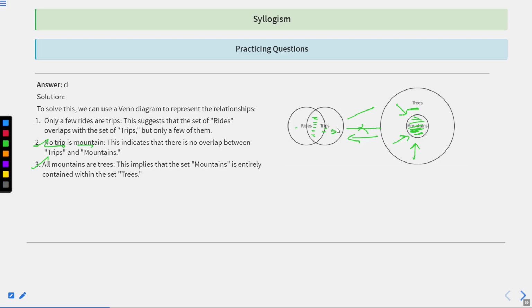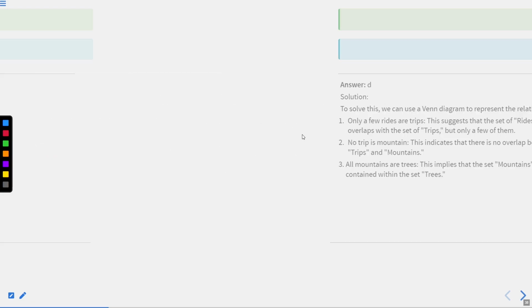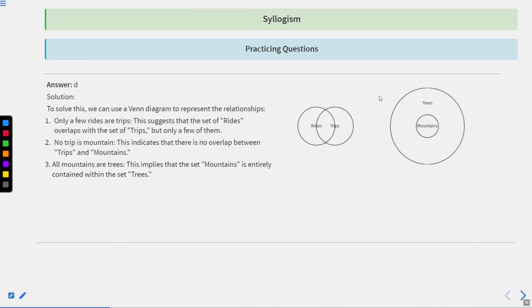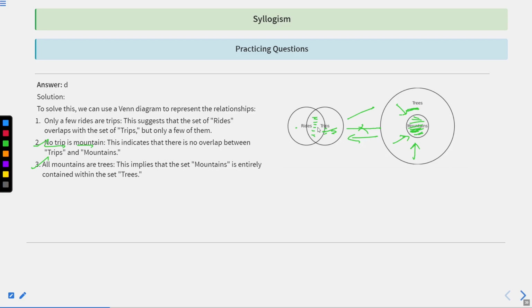So there is no intersection between the circles of the trips and the mountains. In the same manner, those trees which are mountains will have no intersection with the circle of the trips. If there is no intersection with the circle of the trips, then we can say that some trees are not trips. Is it true or not? Yes. So the first conclusion is correct: some trees are not trips, because trees which are mountains are obviously not trips.